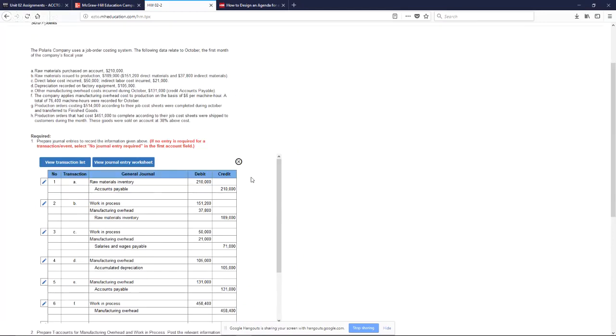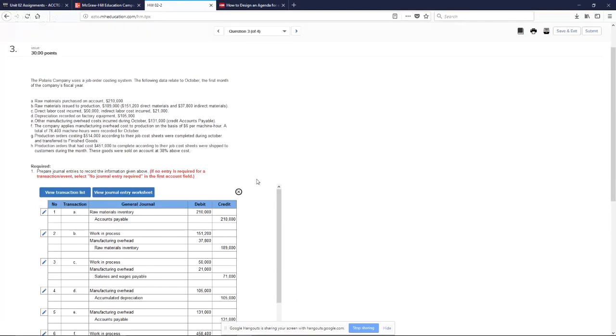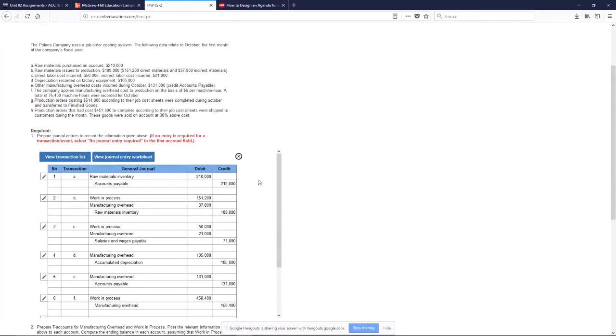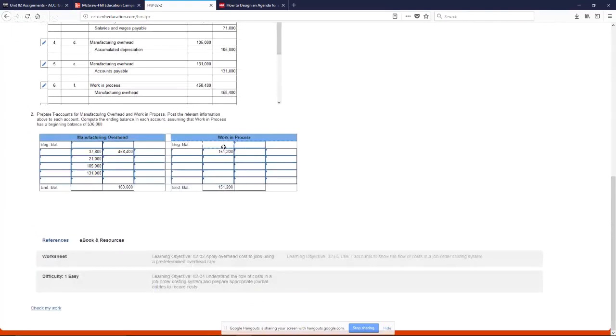So the beginning balance, where did you get that beginning balance at? It says it right here. Prepare T accounts for manufacturing. Okay, there you go. 36,000 there.